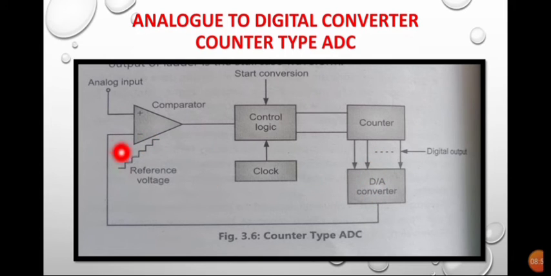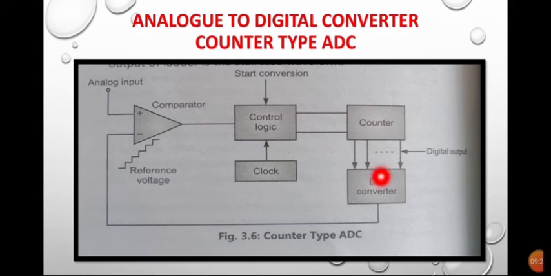Okay, suppose initially the digital output is less than the analog input, then the comparator generates 1. In this control logic we are going to apply the clock. If the start conversion signal is applied here, the conversion of this analog input to the digital output is started. One output is set over here, suppose like this 1 0 0 0.